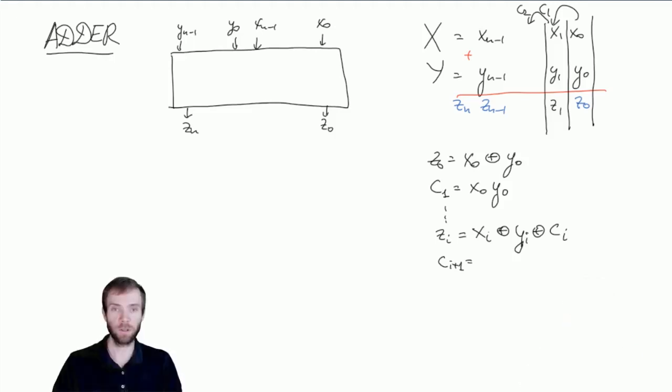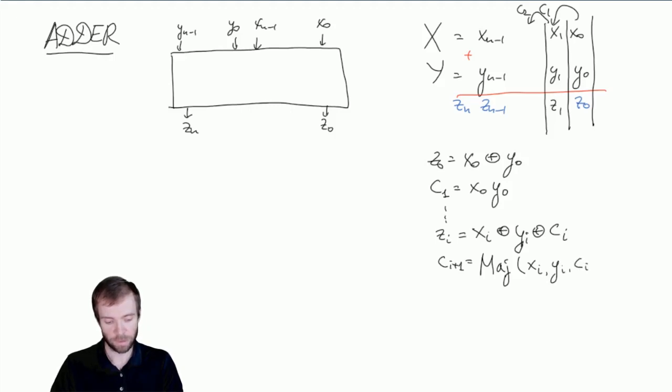And actually we have a special function for this kind of computation which is called the majority function. It's frequently denoted by maj, and this is the majority function of xi, yi, and ci. So this function outputs 1 as soon as out of these three arguments we supply it with 2 or 3 ones. If there are just 0 or 1 ones among these three arguments, then the function outputs 0. So this is a function which outputs just the value which is most frequent among the arguments.